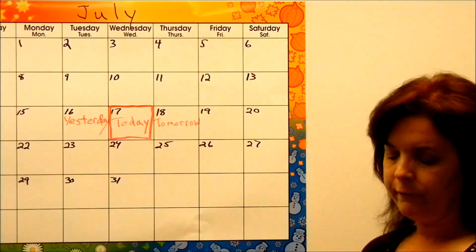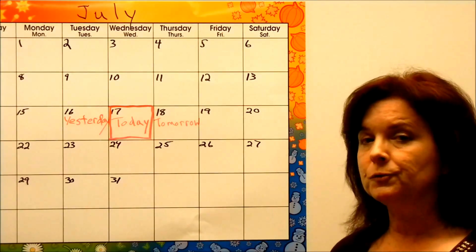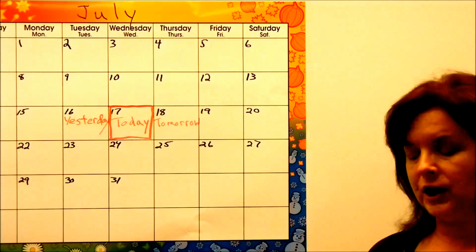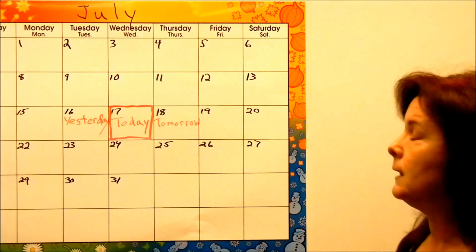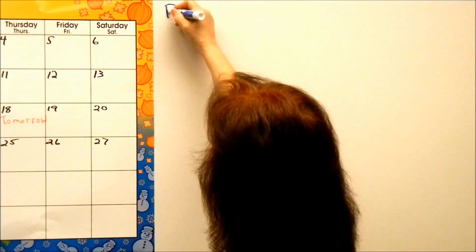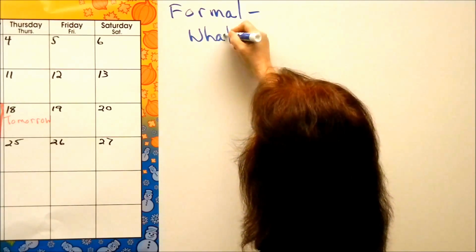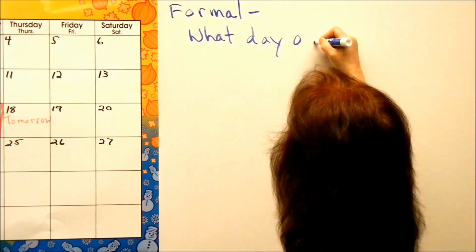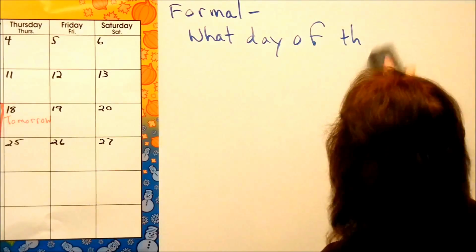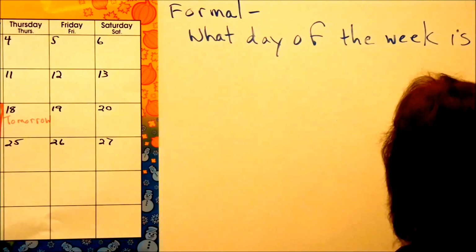Okay, let's pretend our friend doesn't know what day it is, and so he is going to ask you, what day of the week is it? Now we have to remember English has formal English and informal English. In formal English, you would say, what day of the week is it?